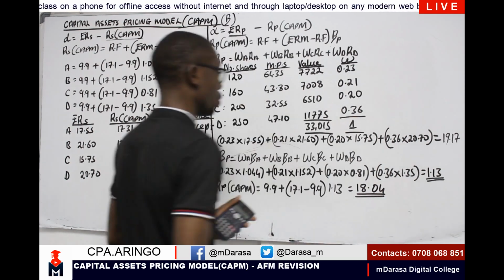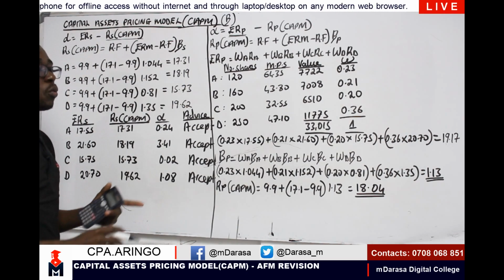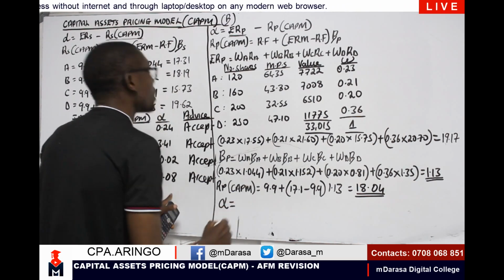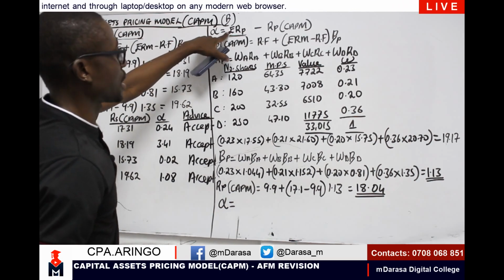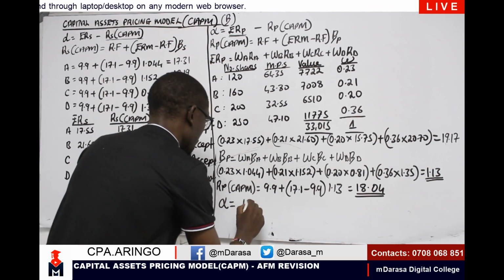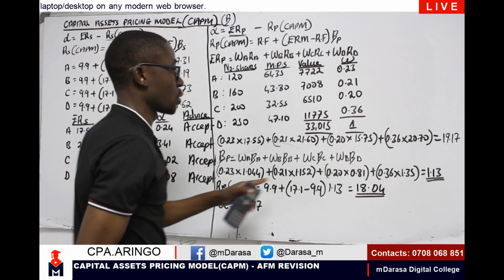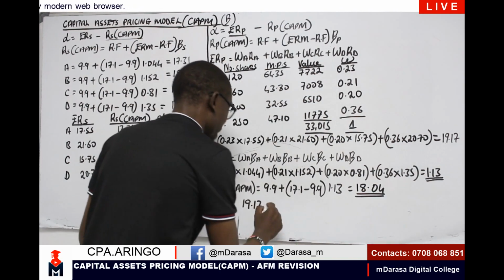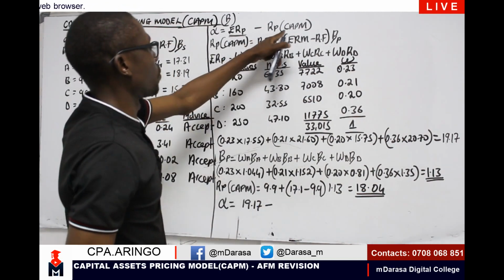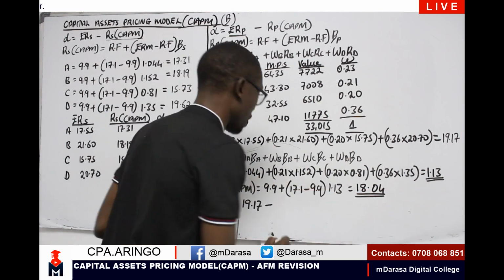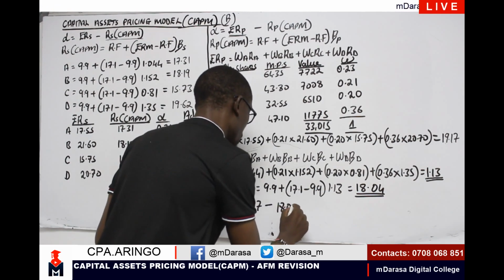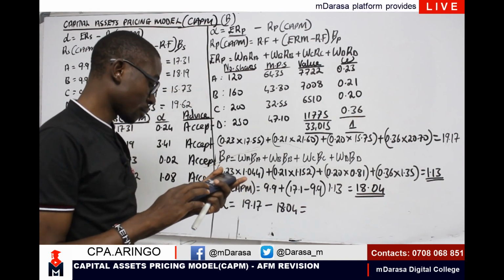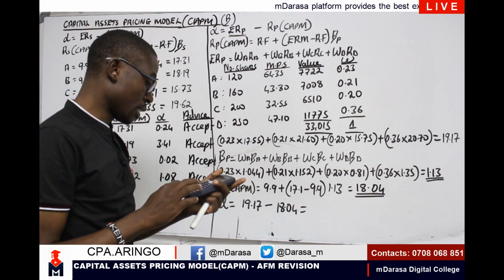So our main aim was to determine the worthiness of this portfolio. We need to determine our alpha. Look at this case, expected return of the portfolio, which is 19.17, the one that we determined here, which I know you can clearly see. Then we less our return of the portfolio under CAPM, this is what I'm having, 18.04. So therefore, what should we be having? 19.17 minus 18.04.